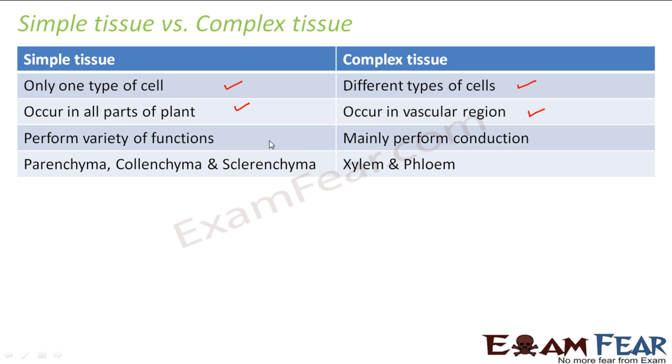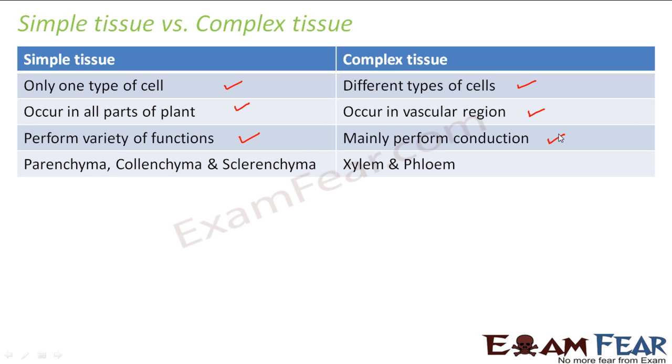Simple tissues perform a variety of functions. Complex tissue mainly performs conduction, because here we are only talking about xylem and phloem. But when we are talking about simple tissue, we are talking about many different tissues. For example, parenchyma helps in photosynthesis, helps in floating for aquatic plants, and also forms the packing tissue.